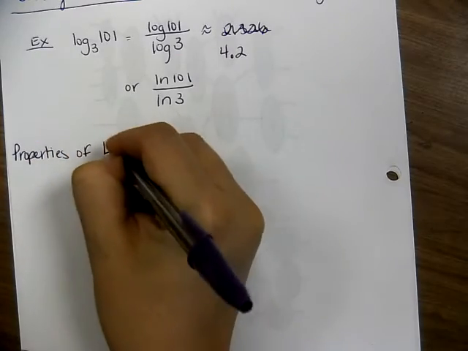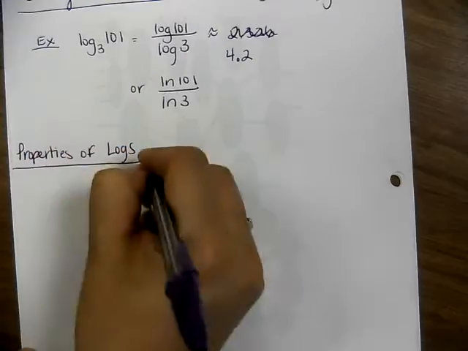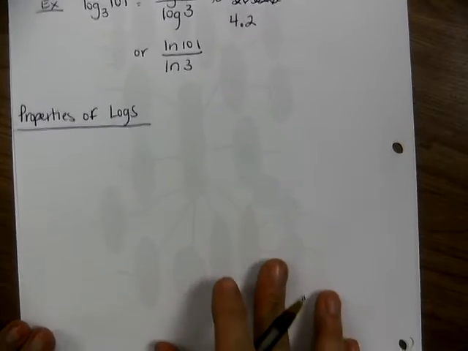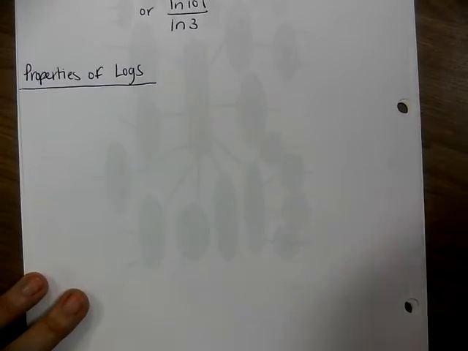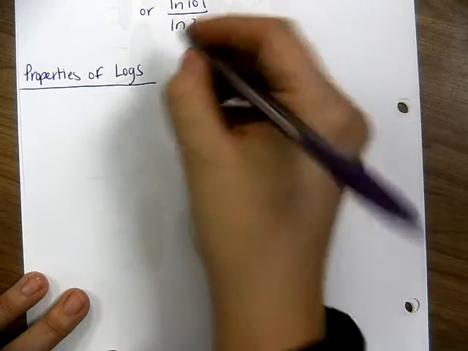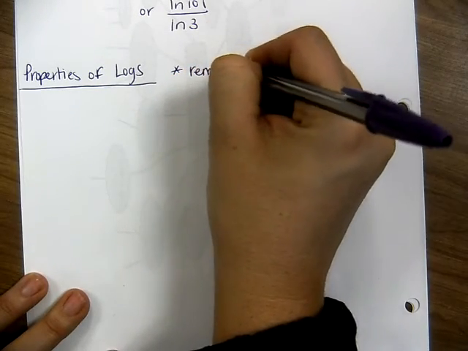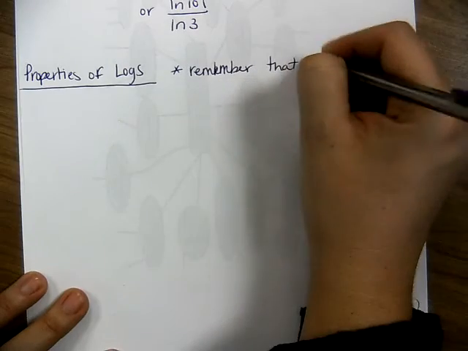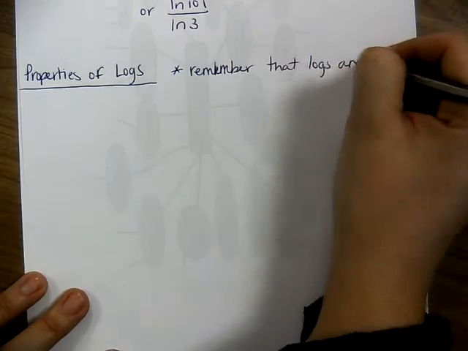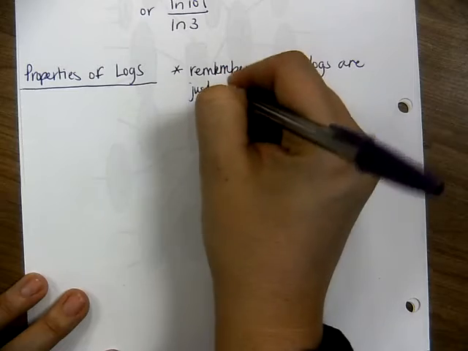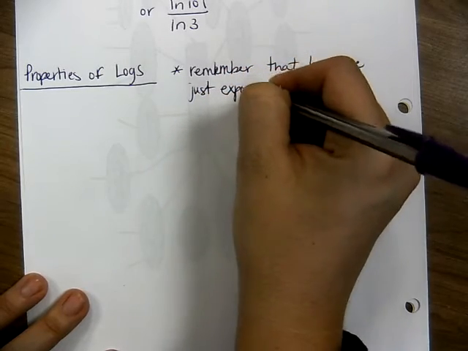Okay. We're going to talk about some properties. So properties of logs. Keep in mind that these are also going to work for natural log. Okay, they'll be the same properties. Remember that logs are just exponents, right? It's a different way to write an exponent.